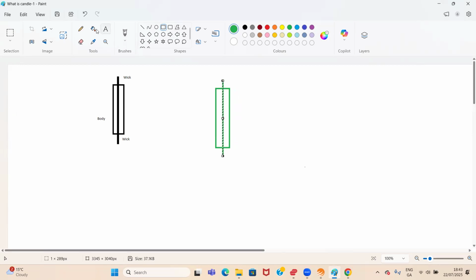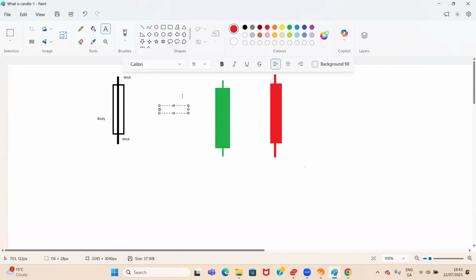Either this or this. Only two things you can see. Now the size of it, forget about that right now.